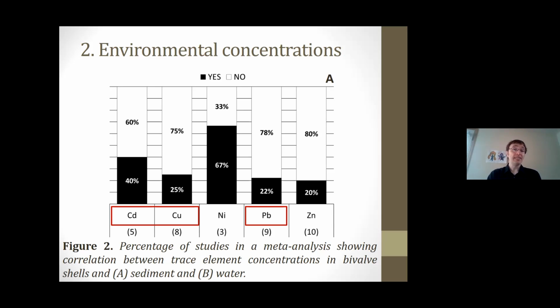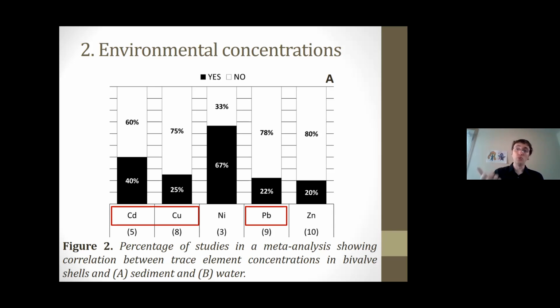But my meta-analysis turns out that this has not been done a lot. These are all the elements where they compared sediment concentrations of the element to shell concentrations. I only included elements if there were at least 3 studies, with the parentheses at the bottom showing how many studies actually did this comparison.